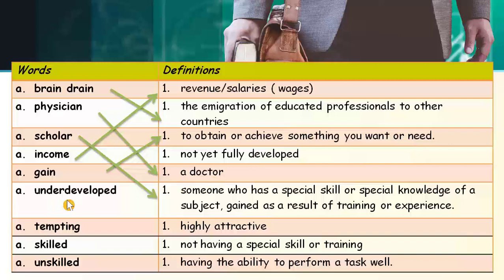Underdeveloped, if you still remember we talked about different types of countries. عندنا developed countries developed اللي هم الدول المتطورة and underdeveloped countries اللي كتعني الدول الغير المتطورة. Underdeveloped countries means not yet fully developed. يعني مازال ما متقدمش. Great. Tempting كتعني مغري. So we say highly attractive مثلا we say tempting salaries.